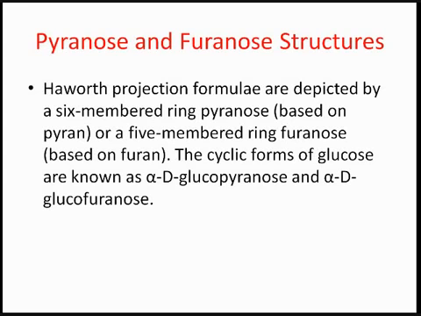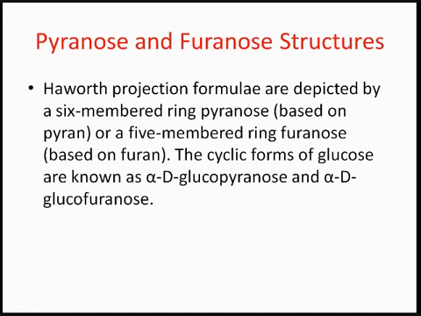So pyranose is a 6-membered ring and furanose is a 5-membered ring. This particular cyclic form of glucose or fructose can be written on the basis of hemiacetal and hemiketal monosaccharides. You already studied what a hemiacetal is and how hemiacetal glucose is formed. Again, let's review how hemiacetal glucose is formed.